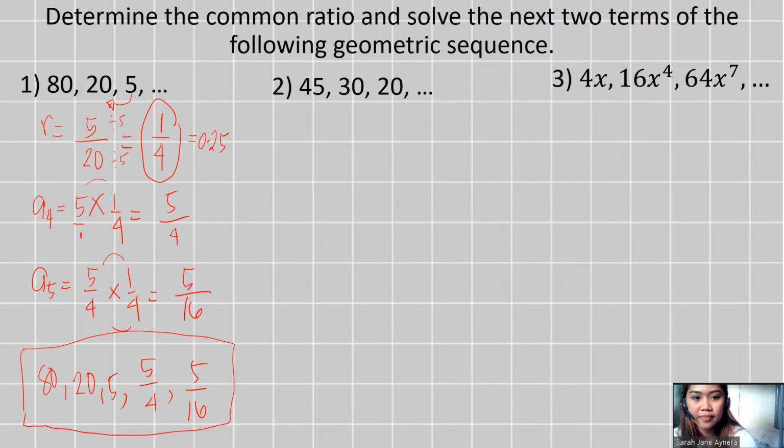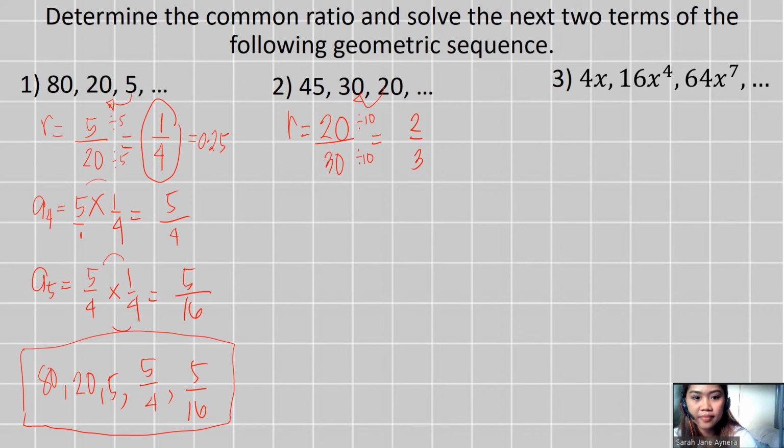For number 2, we are going to find the common ratio. You can choose any terms. Okay, so I'll choose 20 divided by its preceding term, which is 30. Get the lowest term, 20 divided by 30. We can divide both by 10. So, that is 2 over 3. So, the common ratio is 2/3.